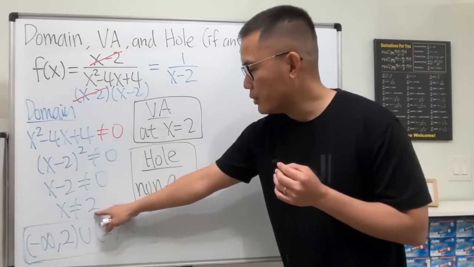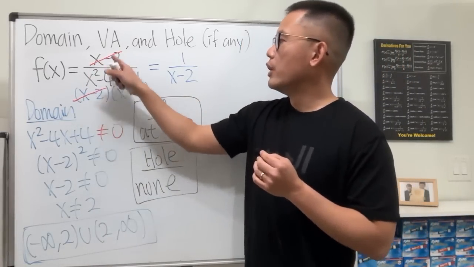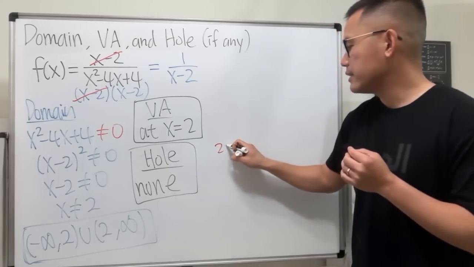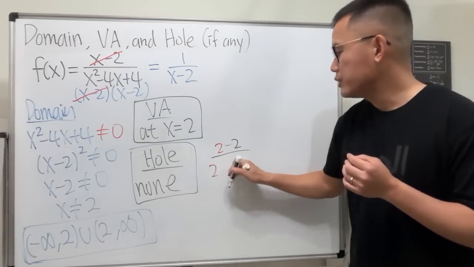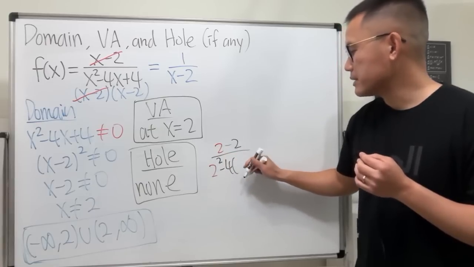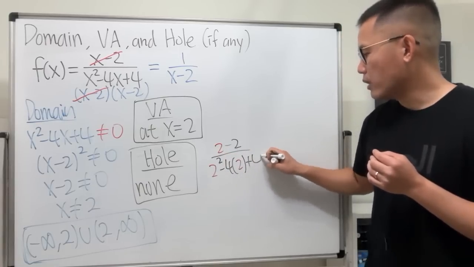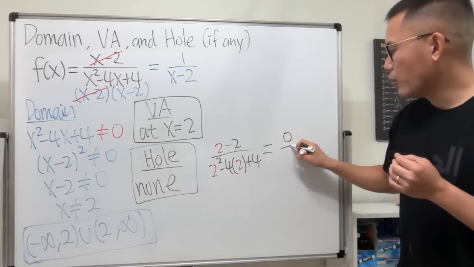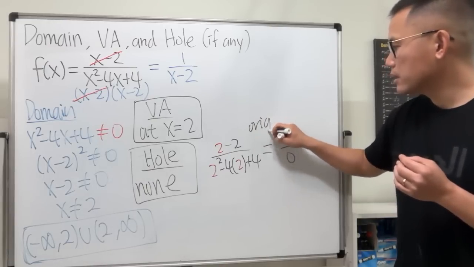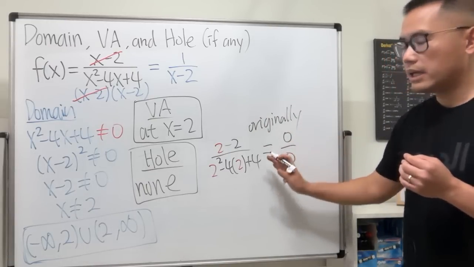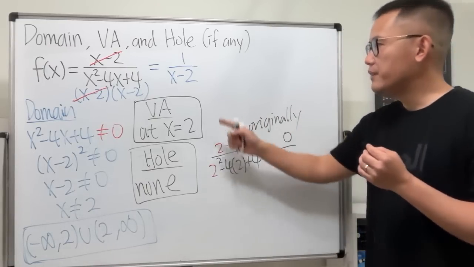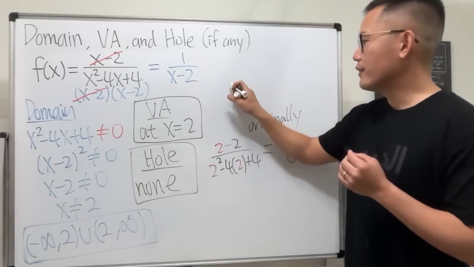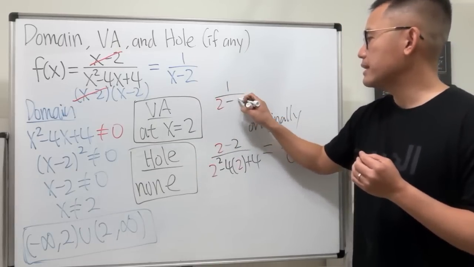When you plug in 2 into the original, you will see 2 minus 2 over 2 squared minus 4 times 2 plus 4. This right here, originally, you get 0 over 0. This is originally. But if you look at the reduced version, you have 1 over 2 minus 2.